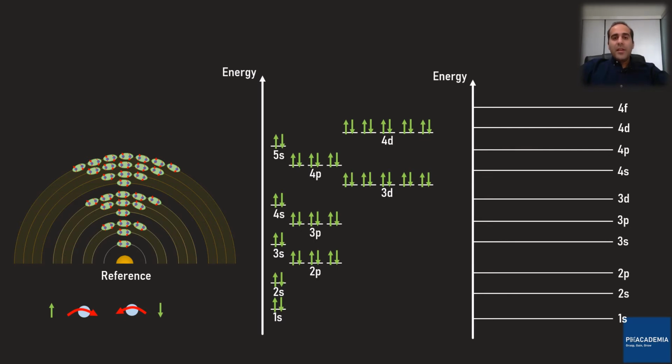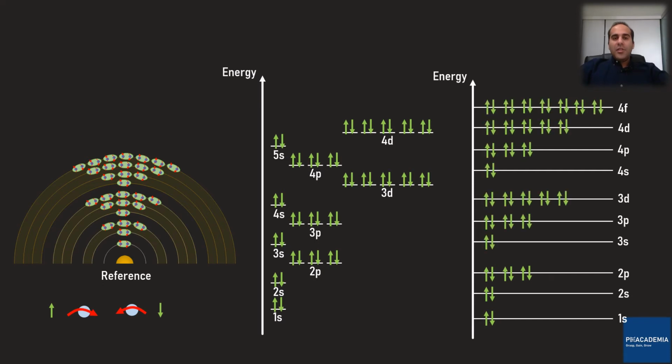In 1s, we only have one orbital with two electrons, so no need to have any space. The same thing for 2s. But for 2p, we have three orbitals. Here is the first electron pair, the second pair, and third pair. Observe how the rest of the energy levels are filled up in this energy diagram.